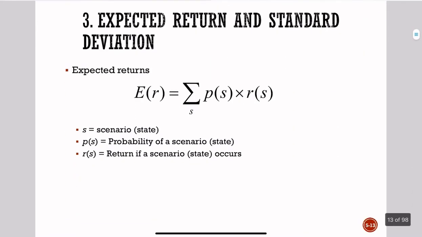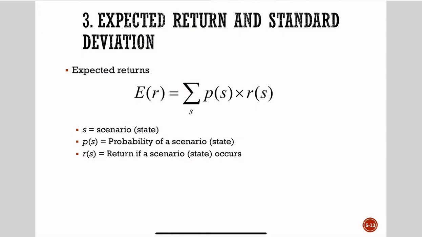Okay, finally, we could talk some more about return and risk. So now let's talk about return, variance, and standard deviation. First, we talk about expected return.